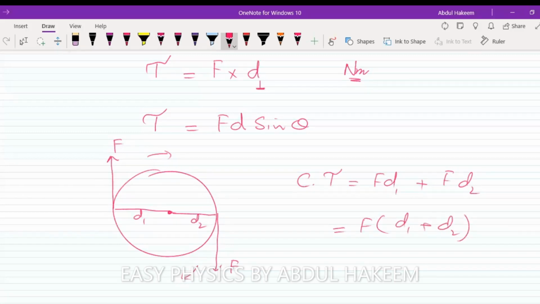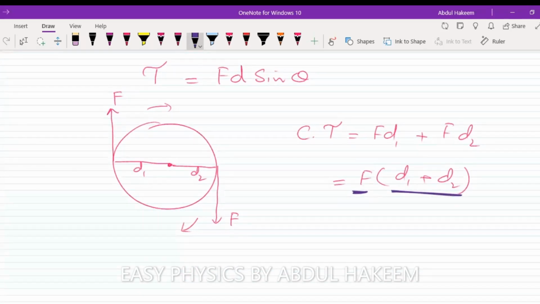The definition is, it is the product of one of the forces from the couple and the total perpendicular distance between the two forces. If both forces are not at 90-degree angle, then the couple torque will be F(D1 plus D2) sin θ.